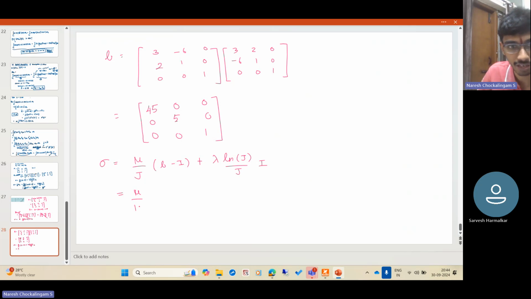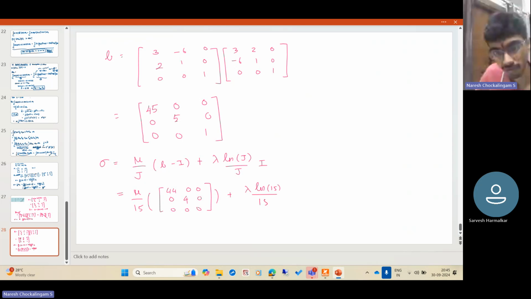So it is mu by 15, B minus I is 44, 0 0, 0 4 0, 0 0 0, plus lambda log 15 by 15 I. Mu is 2, lambda is 3.